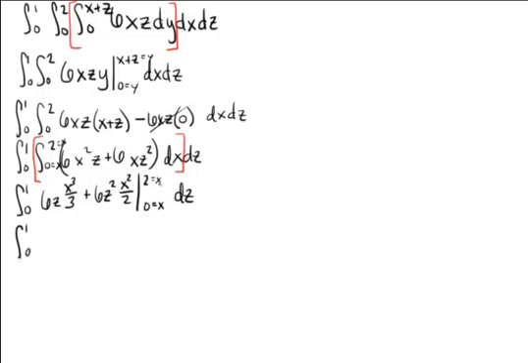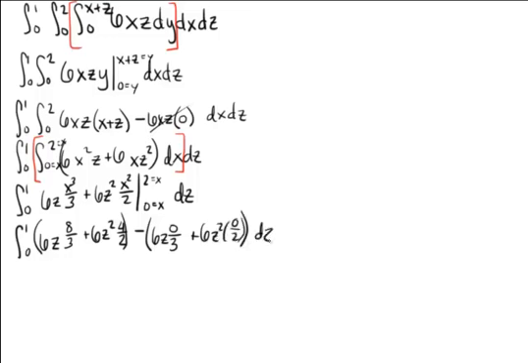Okay, next line, now we actually plug them in. So our top limit is 2, so we get 6z times 8 over 3 plus 6z squared times 4 over 2, minus our bottom limit, which is 0, so we get 6z times 0 thirds plus 6z squared times 0 halves, dz.